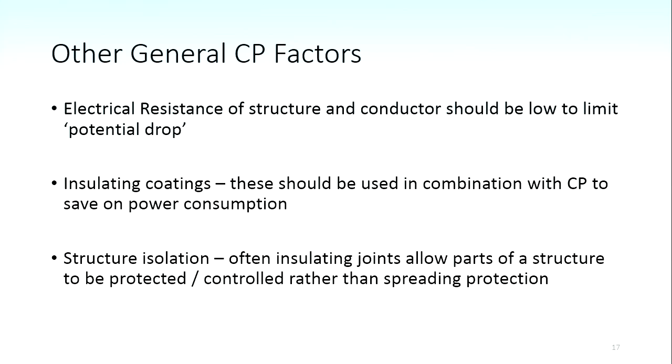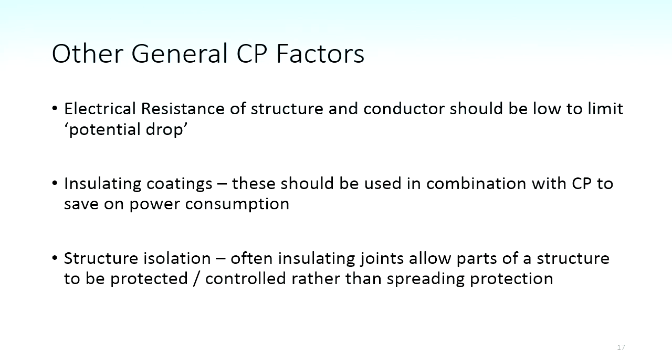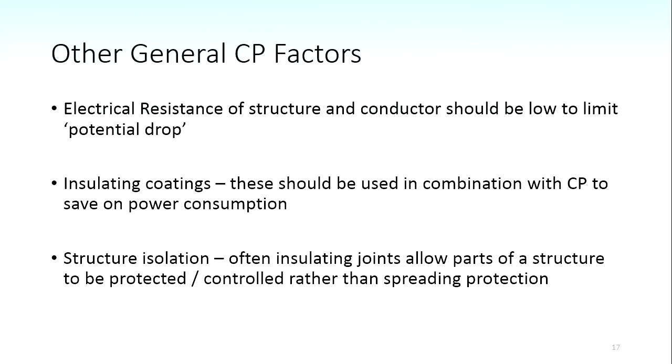So you put insulating joints in so that the above ground facilities are not linked to the CP system. And that allows you to get better control of the buried component. And we'll come back to insulating joints briefly later on.